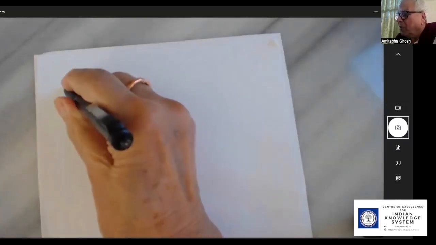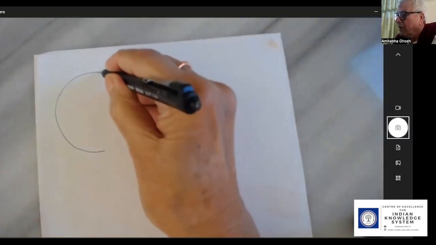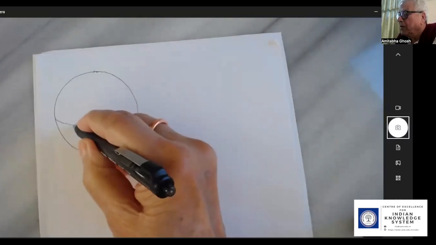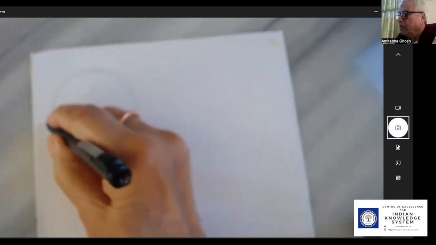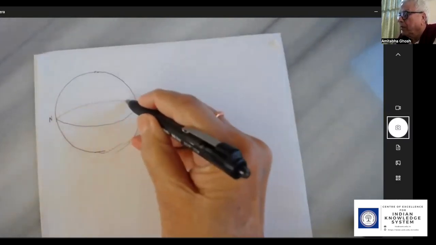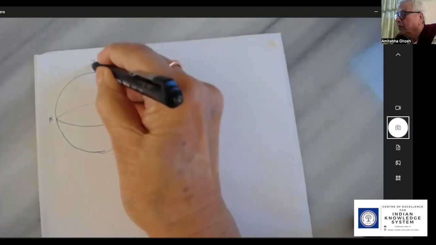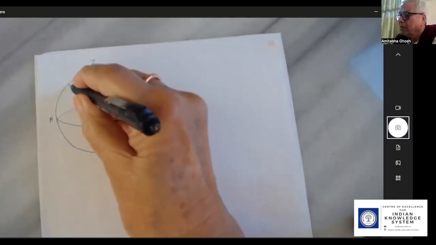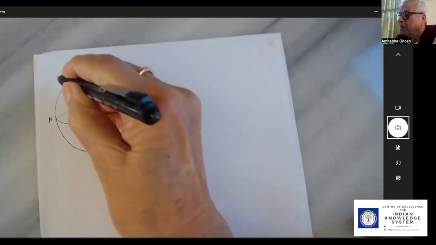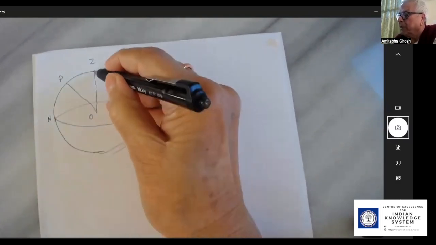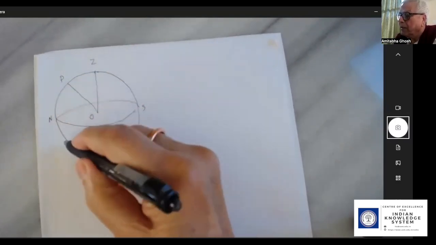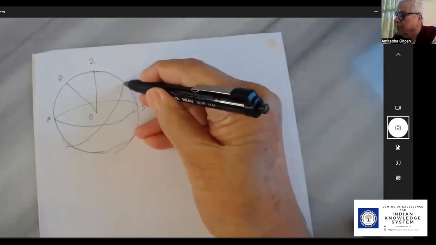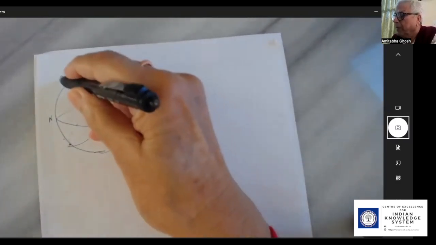So now this is our celestial equator, this is the zenith point, this is the north point, south point, this is the observer, this is the pole star. Now the object is here, and this is the celestial equator, perpendicular to this.